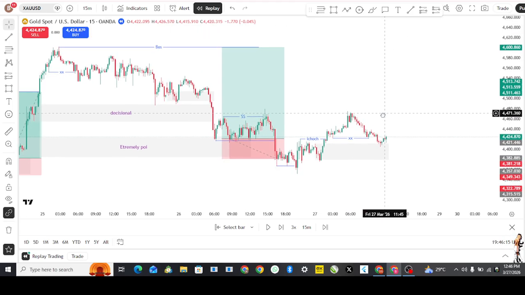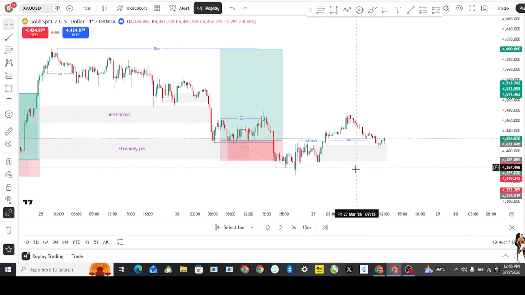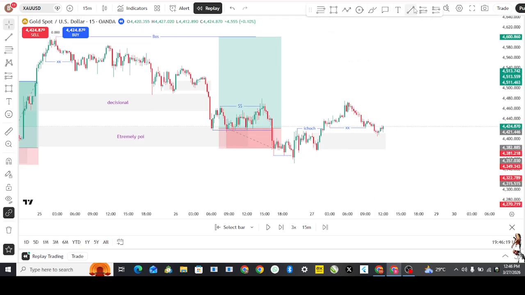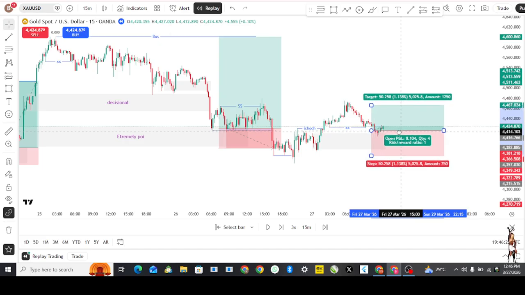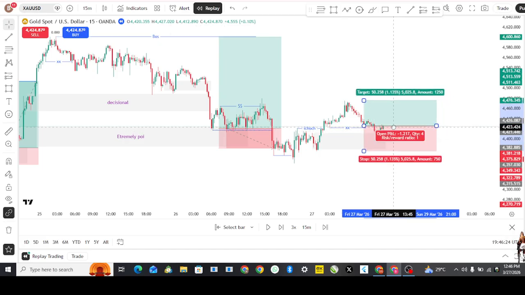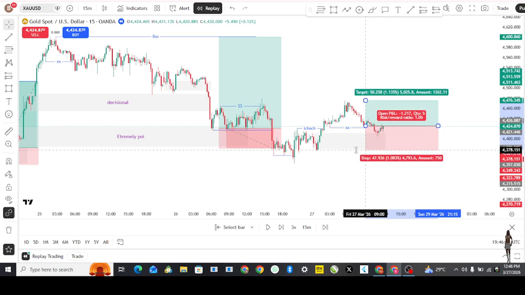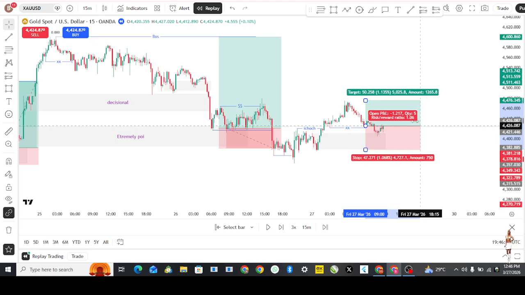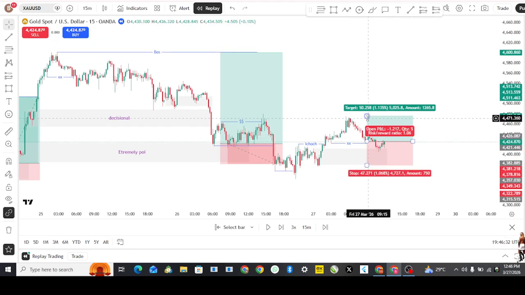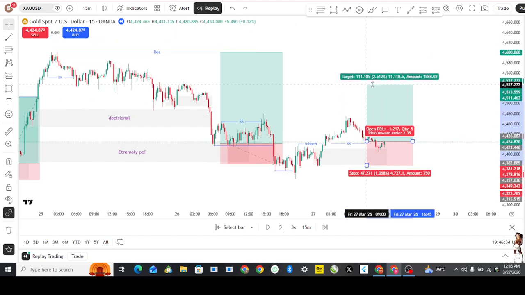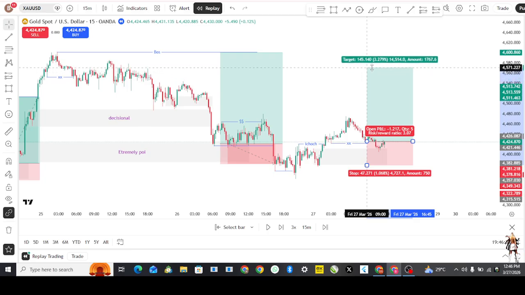Now at this point, I would like to buy from here. I'm going to execute another position at this point. Let's say we are taking our buy here. Then your stop loss should be slightly low. You will be targeting a minimum ratio of 1 to 3.